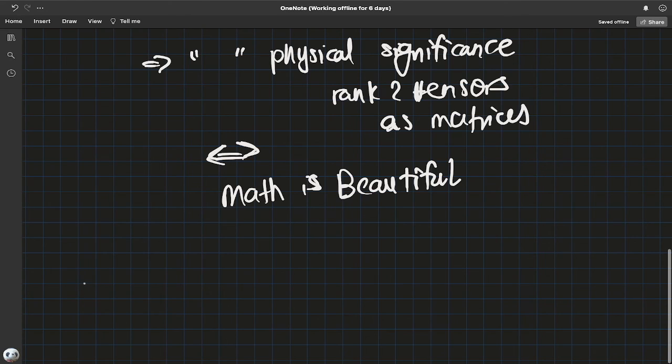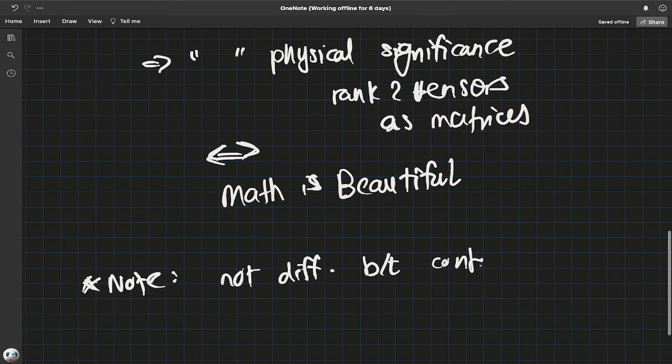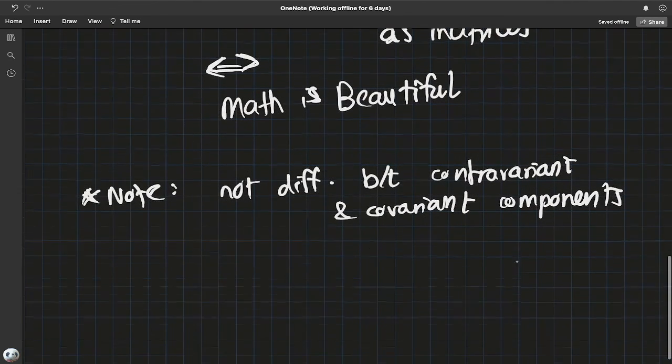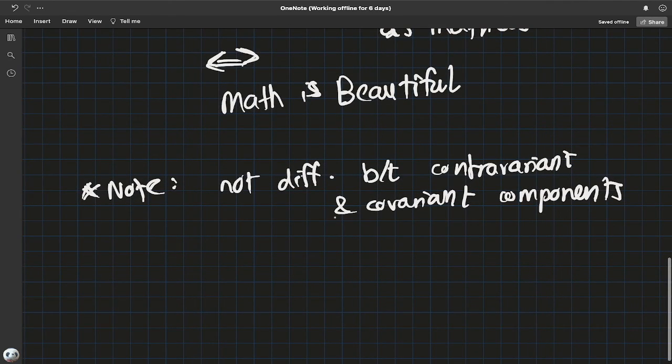Before ending this video, I would like to make a note that I'm not differentiating between contravariant and covariant components, or even between subscripts and superscripts, because we're dealing with orthonormal systems, not even orthogonal systems.